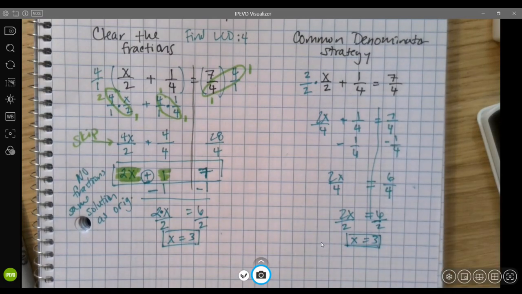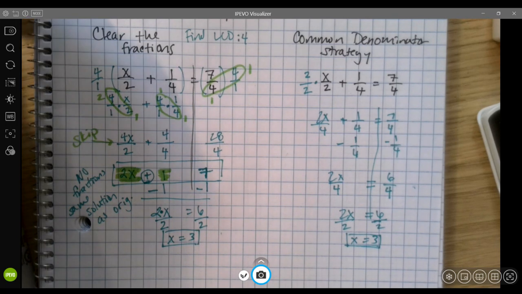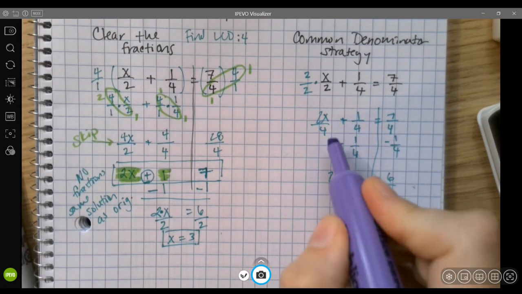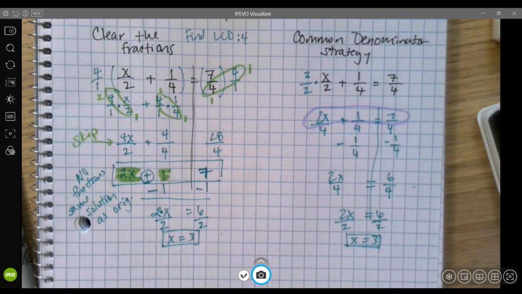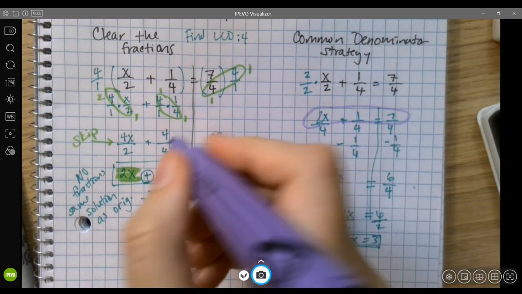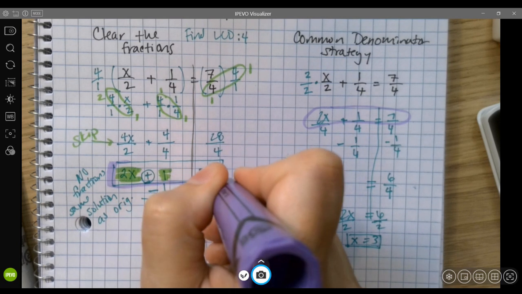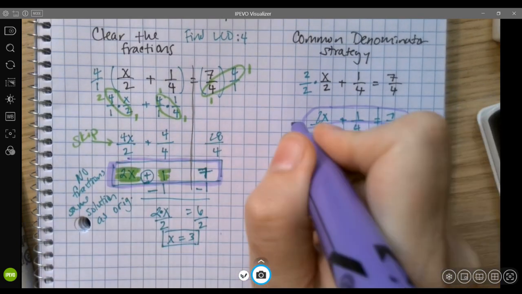You might also notice, I'll use purple for this. You might also notice once I get down to 4, 4, 4 in my denominator, I've got this 2x plus 1 equals 7, which is the same as this equation here.